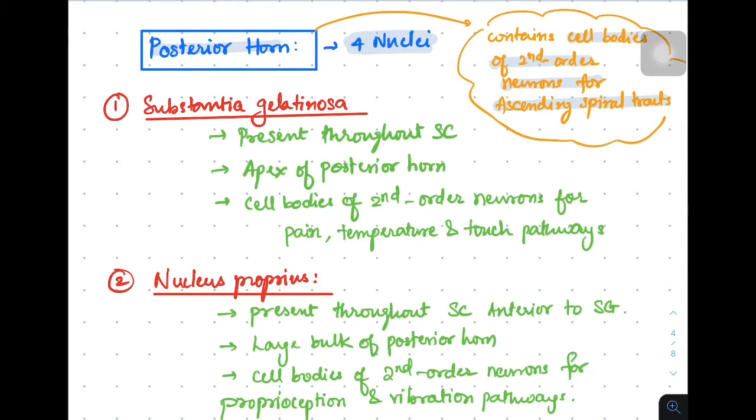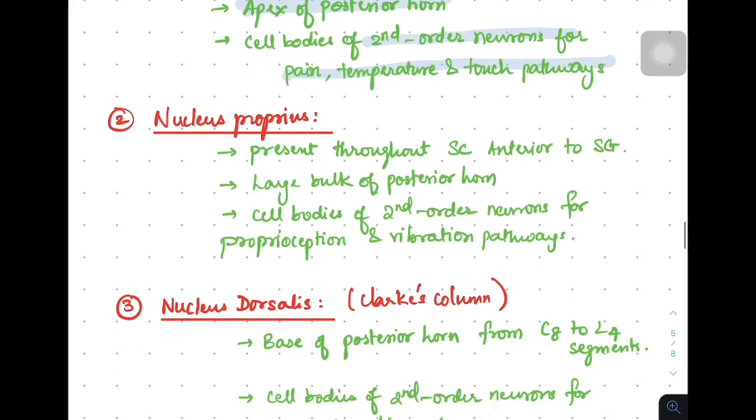Now we'll talk about the posterior horn. First we have the substantia gelatinosa. Substantia gelatinosa is present throughout the spinal cord, at the apex of the posterior horn, and the cell bodies of second order neurons for pain, temperature and touch pathways come here. Okay, then we have the nucleus proprius.